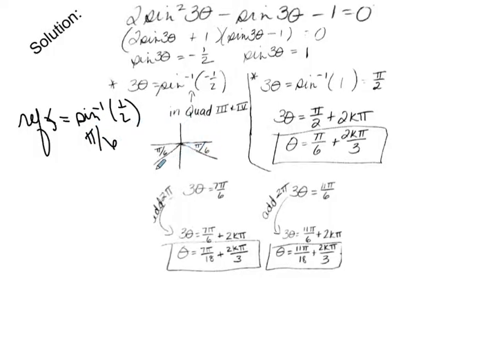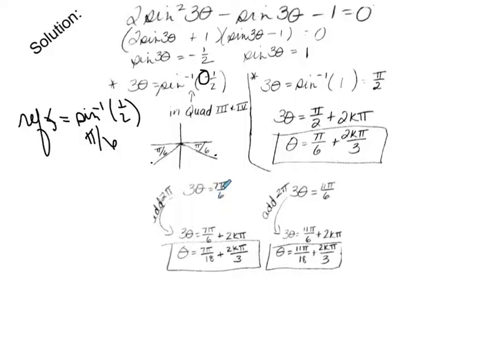Okay, so I have an answer in the third quadrant and in the fourth quadrant since sine is negative. So my first answer is pi plus pi over 6, or 7 pi over 6. My second answer would be 2 pi minus pi over 6, or 11 pi over 6.